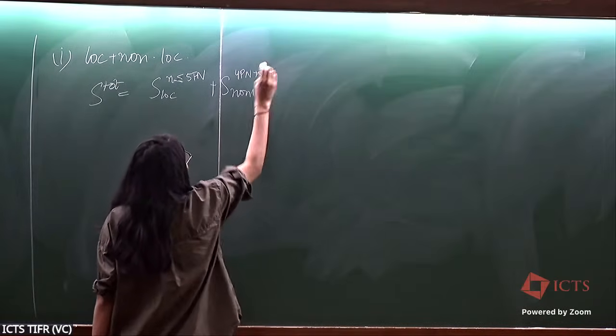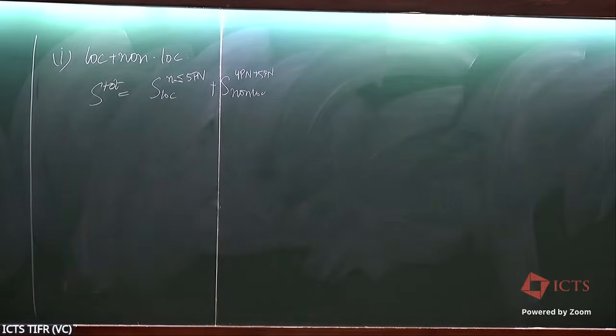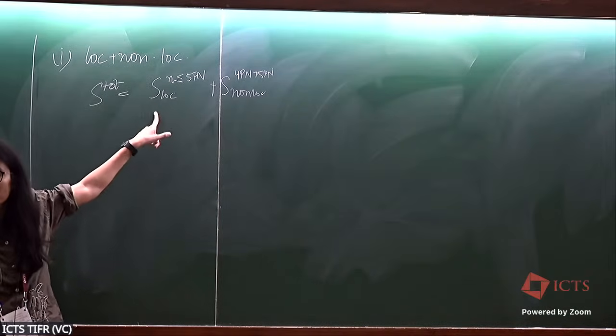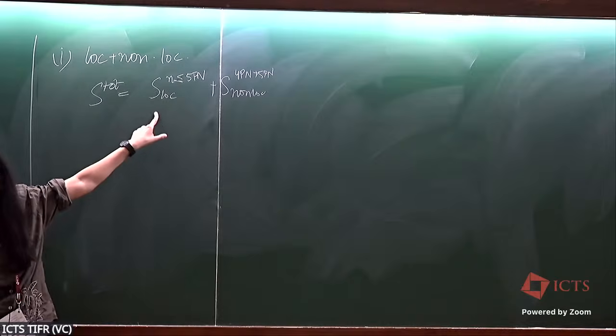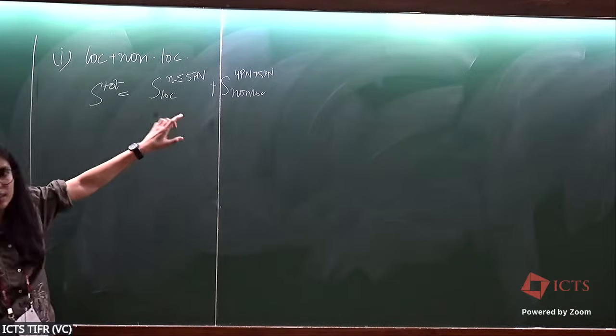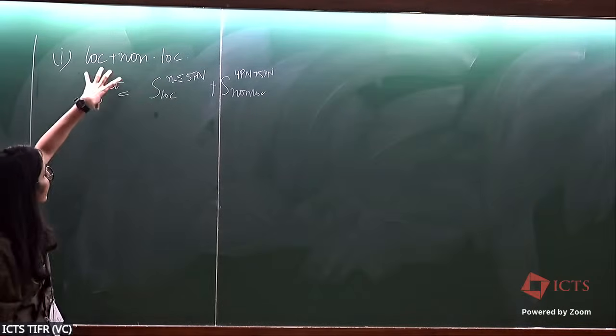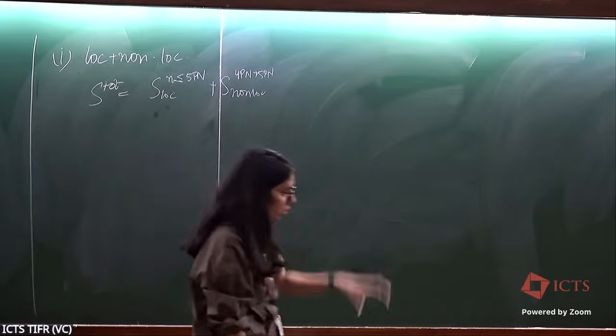At 4PN and 5PN, I mentioned that the state of the art in PN computations is exact 4PN results. So if we want to see the usefulness of this tutti-frutti, we need to go to at least one higher order. So we go to 5PN order, and we separate the total Hamiltonian, the total action, as local action plus the non-local action.